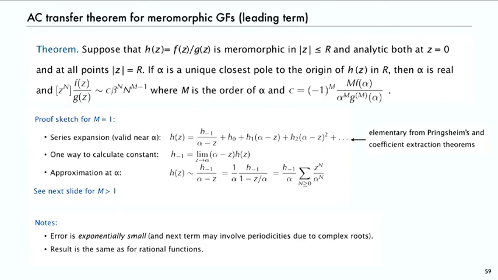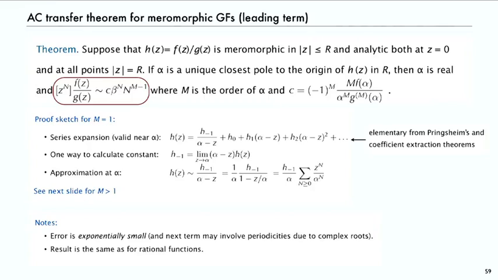Well, it ought to be the same because if f and g of z are polynomials, you get the same kind of result. But still, it's quite different paths to the same result. The residue calculus and Cauchy's theorem and so forth gives us the asymptotic result that we need for meromorphic functions.